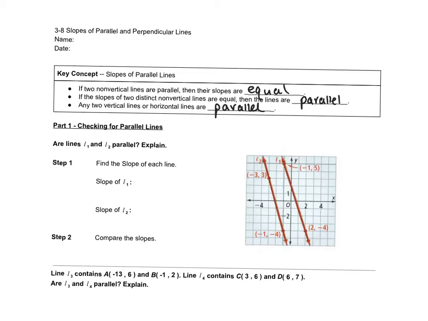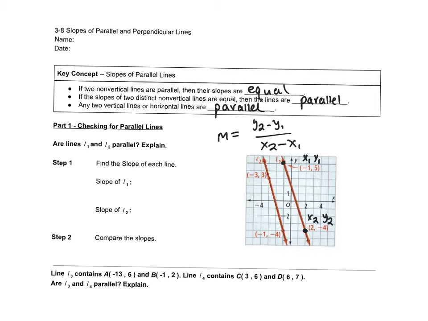All right, in part one, we need to check to see if lines 1 and 2 are parallel. Remember, we have to use the equation to find the slope. M is y2 minus y1 over x2 minus x1. If the slopes of L1 and L2 are the same, then they're equal. So we have a point at -1, 5 and 2, -4. We'll call -1, 5 x1, y1 and 2, -4 x2, y2.